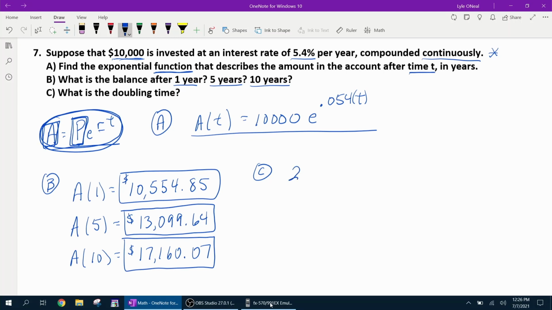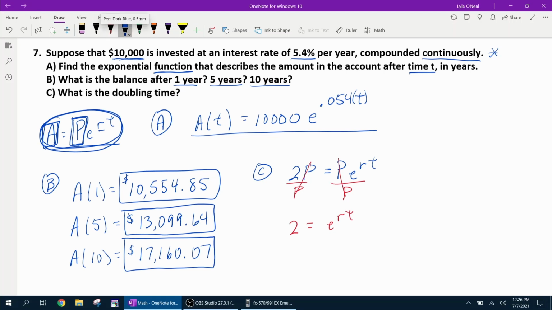So we can say that the amount we're looking for is twice P. 2P equals P e to the RT. And then if we solve for T, we can get the formula for the doubling time. So to do this, we're going to divide both sides by P, which will get the P's to cancel completely, leaving 2 equals e to the rt.